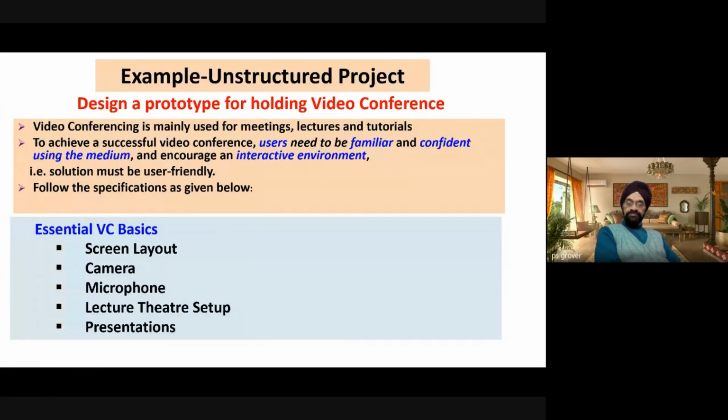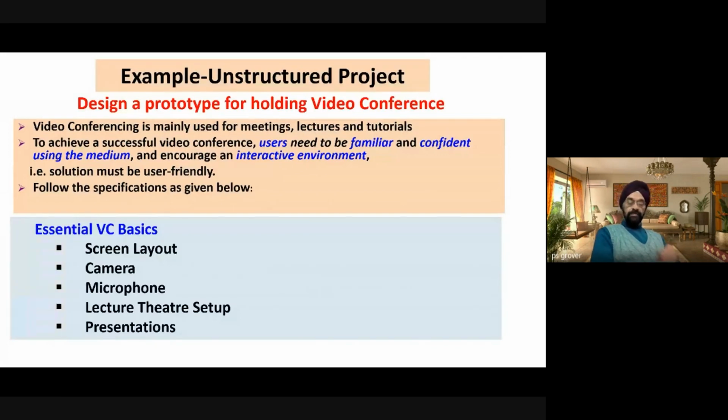To achieve a successful video conference, users need to be familiar and confident using the medium and encourage an interactive environment. That is, the solution must be user-friendly and follow specifications as given below: screen layout, camera positions, choice of camera, microphone, lecture theater, setup, and presentation.